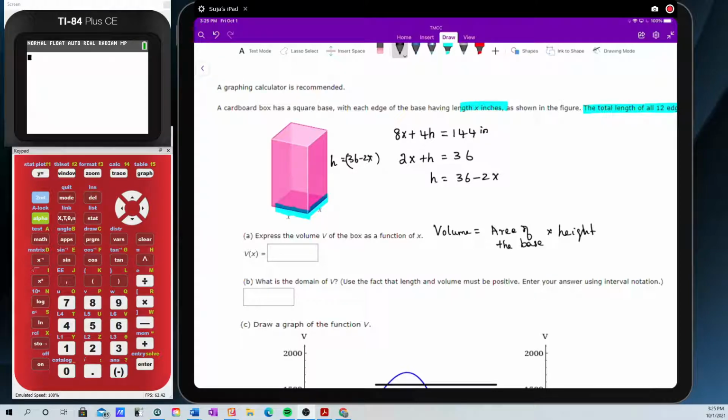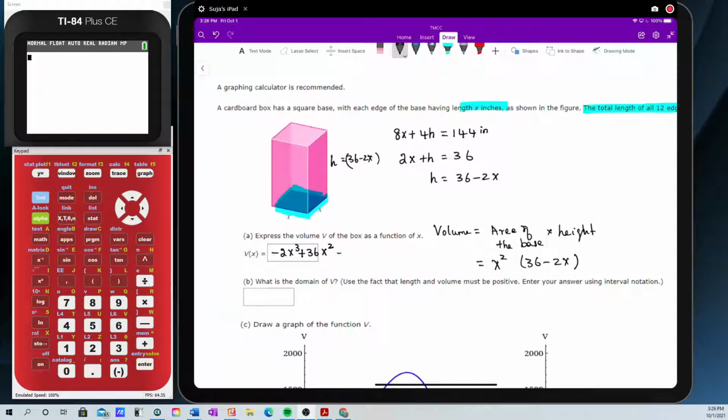Now since the base is a square, the area of the base is x times x, so this would be x squared times the height in terms of x, 36 minus 2x. If you distribute this in, you'll get negative 2x cubed plus 36x squared.